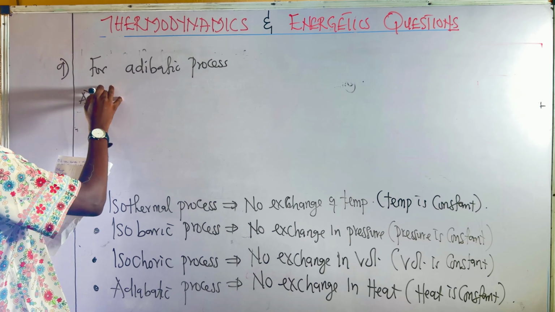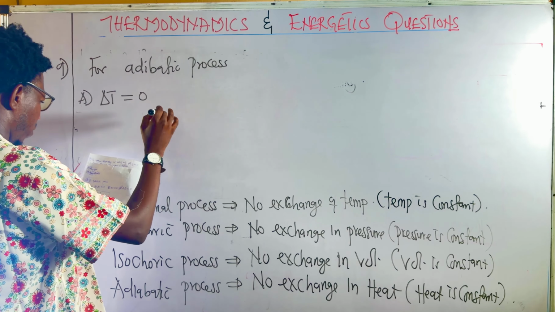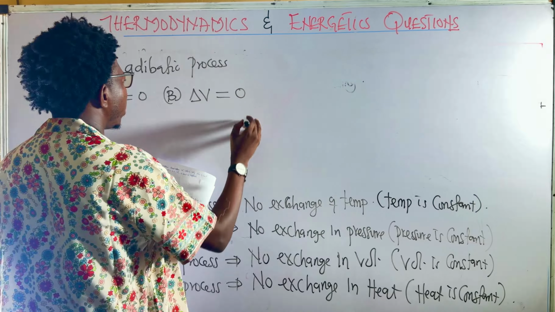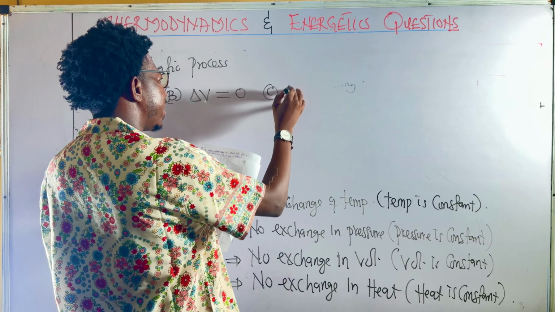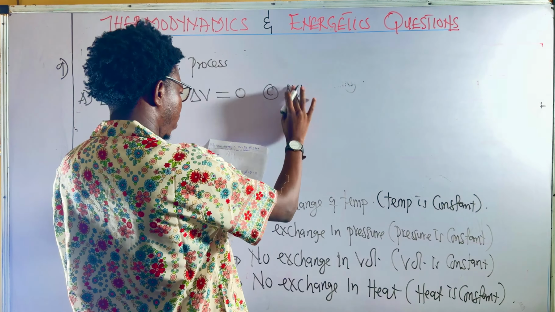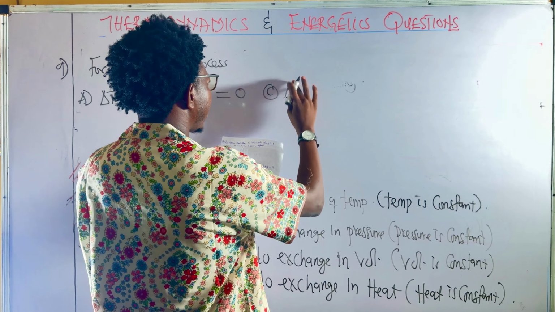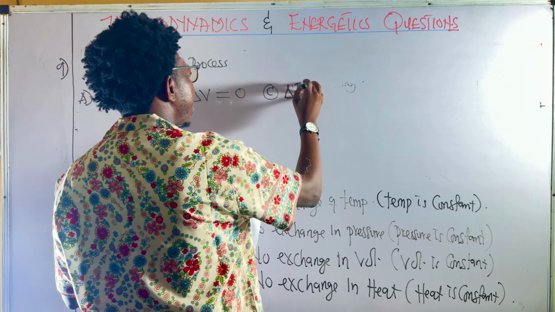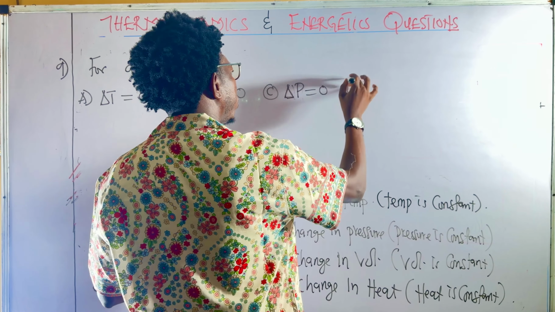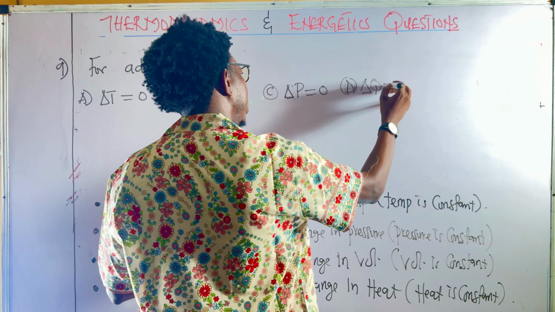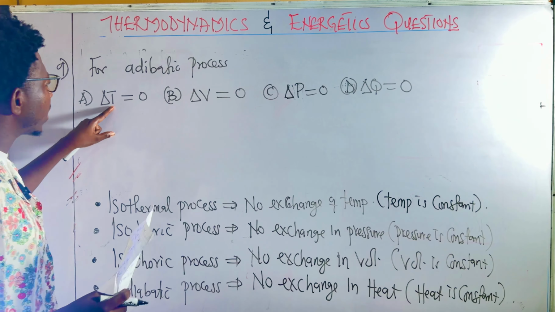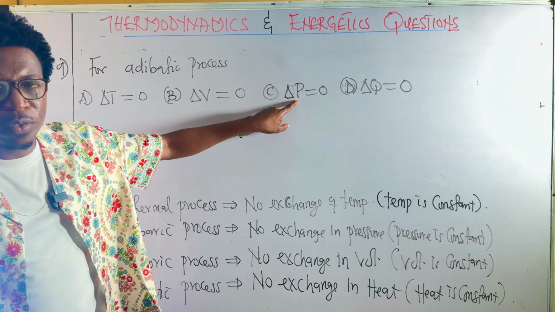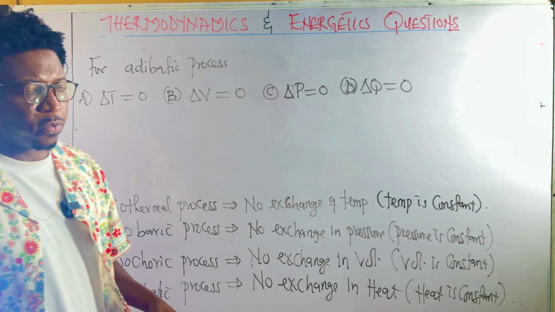Option A, delta T is equal to 0. Option B, delta V is equal to 0. Option C, delta P is equal to 0. Option D, delta Q is equal to 0. T stands for temperature, V stands for volume, P stands for pressure, and Q here stands for heat.